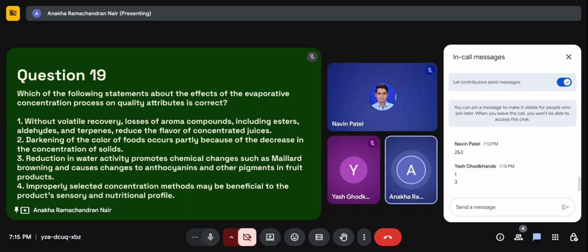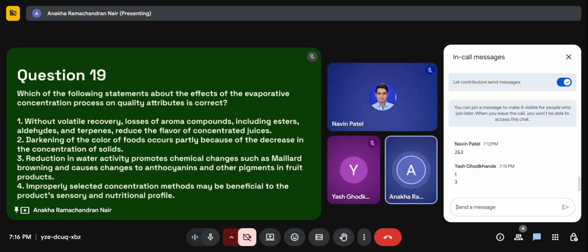Option 1, without volatile recovery, loss of aroma compounds including esters, aldehydes, terpenes reduces the flavor of concentrated juices. Option 2, darkening of the color of foods occurs partially because of decrease in the concentration of solids. Option 3, reduction in water activity promotes chemical changes such as Maillard's browning, causing changes in anthocyanins and other pigments in fruit products.